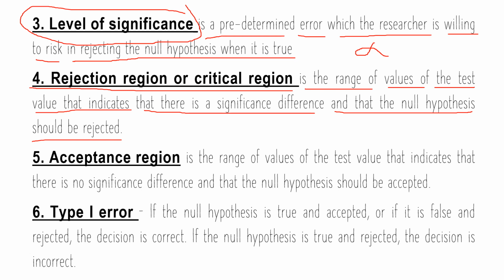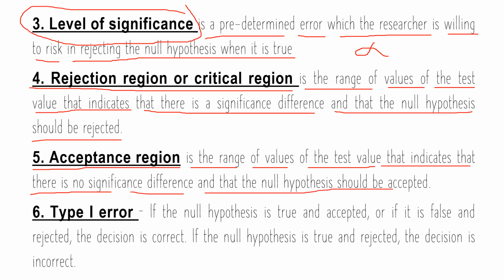Then for the fifth term, the acceptance region. It is the range of values of the test value that indicates that there is no significant difference and that the null hypothesis should be accepted. So there are times in your research that your computed value will fall on the acceptance region or the non-critical region.